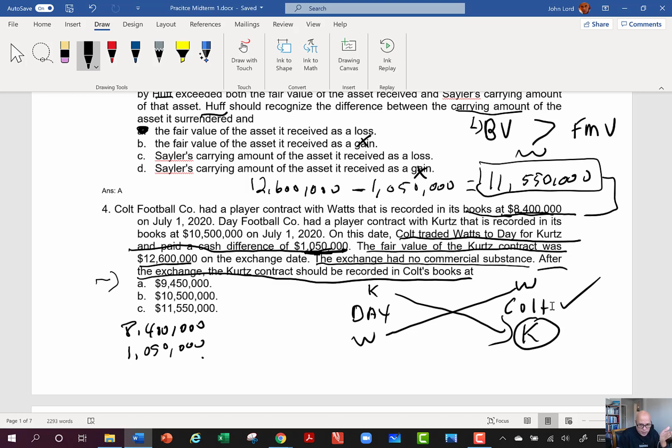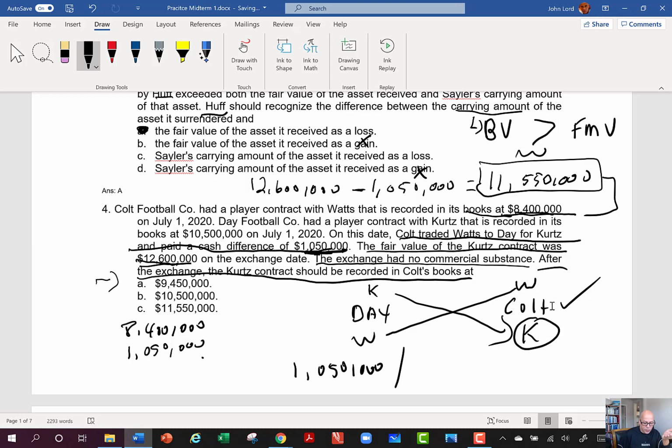But should I recognize that gain? Well, the cash constitutes 1,050,000, right? That's the boot. And then the fair value of everything that's being exchanged is 12.6.